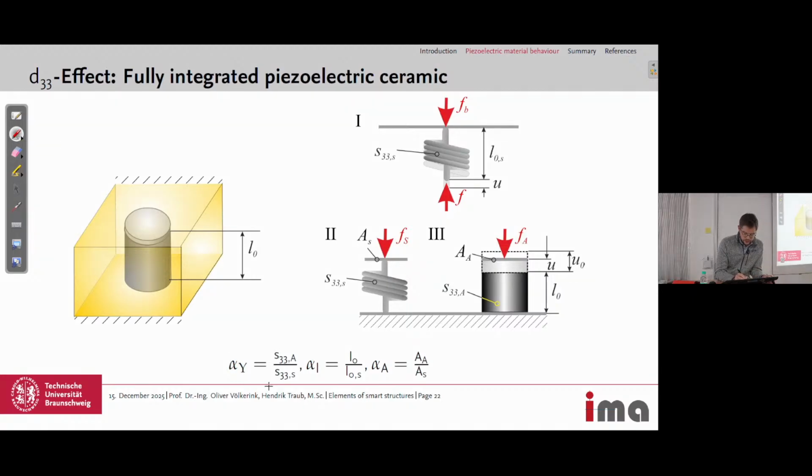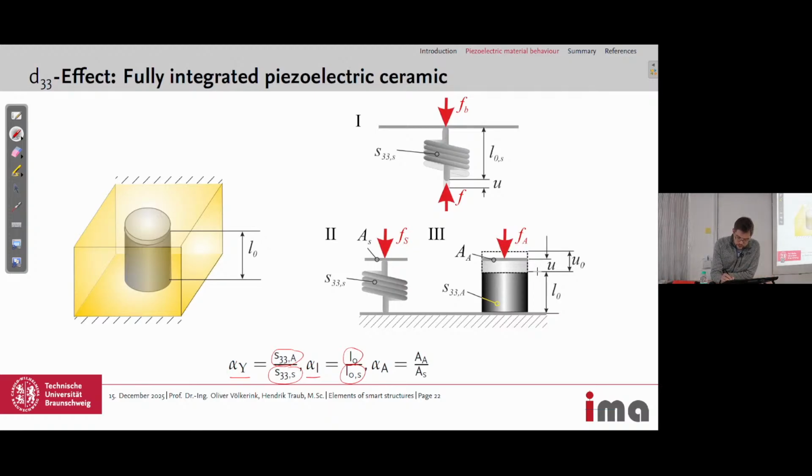So we have our alpha epsilon, which are the stiffnesses again, or in our case now the compliances of the material. So compliance of the actuator, compliance of the structure. So this is the ratio for the stiffnesses between actuator and structure. We can have a ratio for the geometry, for the length direction, so L0 of the actuator divided by L0 of the structure.